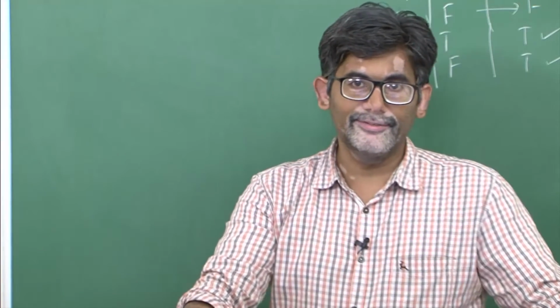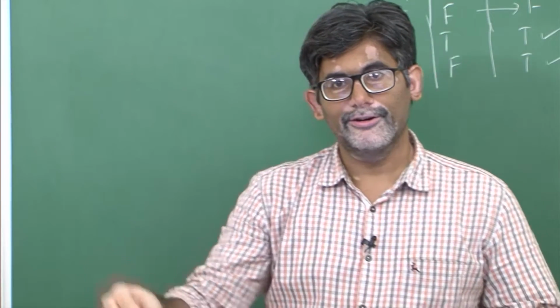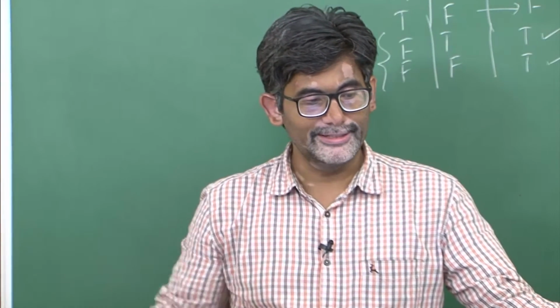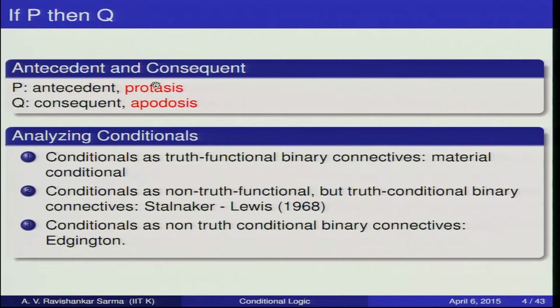The second kind of conditional sentence is not acceptable to us, whereas the first, if I had dropped the chalk piece, it would have fallen on the ground, seems to be okay for us. So that is one thing. We can analyze the conditional sentences with the help of material implication only in a limited sense.